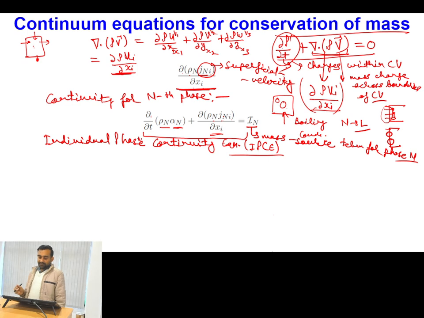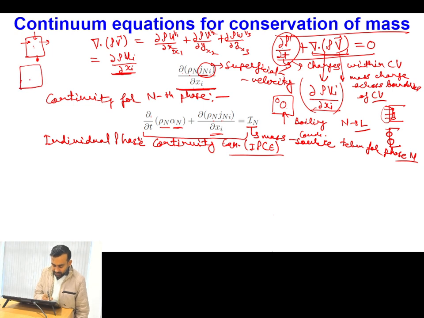Now after this, whenever we have a single phase flow and there is no source or sink of fluid kept within the control volume, there will not be any other mass transfer. But in case of multi-phase flow, what can happen? If we have a phase change system. Typically, for example, if this is my control volume and in this control volume there is a vapor bubble which is continuously growing with time, it is a boiling phenomenon where vapor is growing in size.